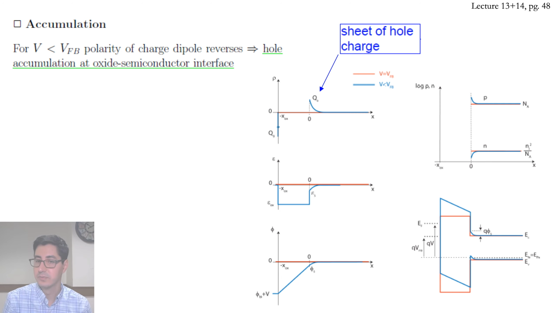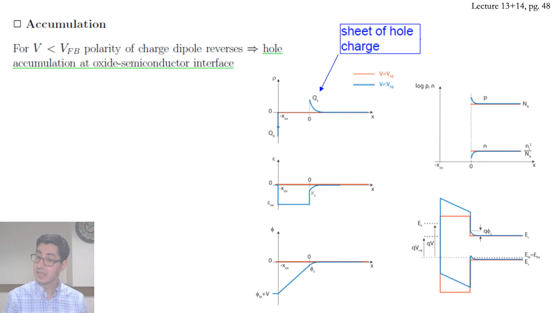A 60 millivolt voltage drop for a 10x reduction in my hole density. If I change my potential by another 60 millivolts, I've gone from 1/10 the amount of charge to 1/100th. Another 60 millivolts, 1/1000th. Basically, I've depleted all my holes at that point. So my phi can keep going more and more positive, but I can't deplete any more holes.